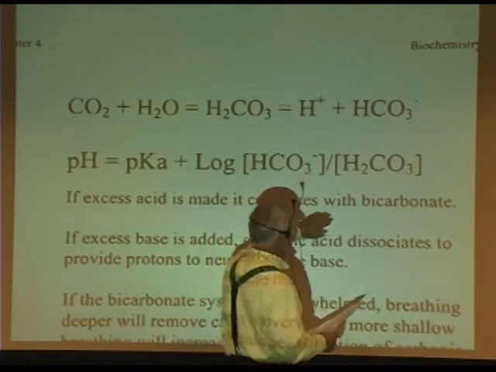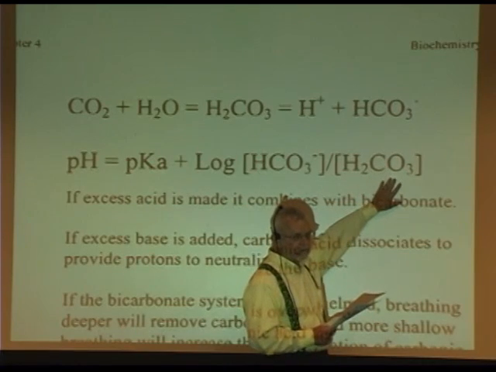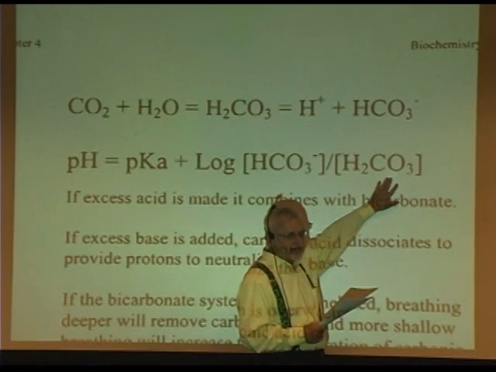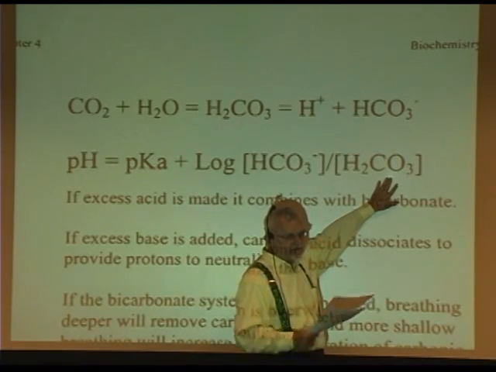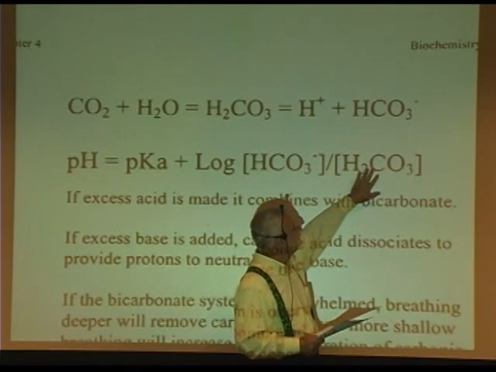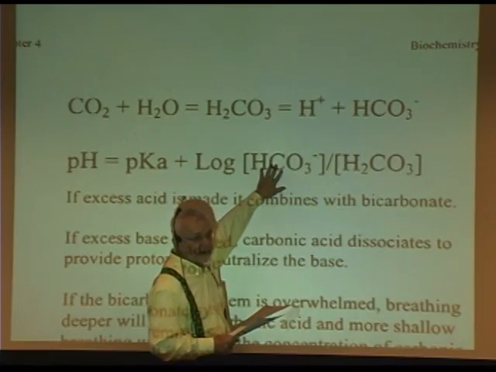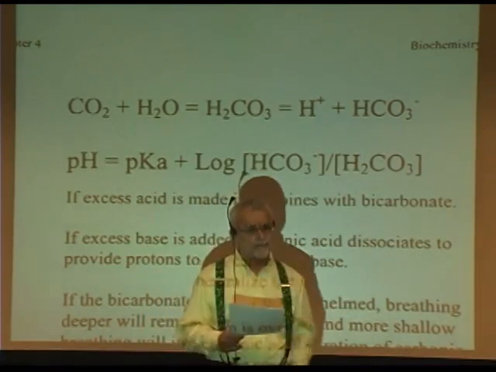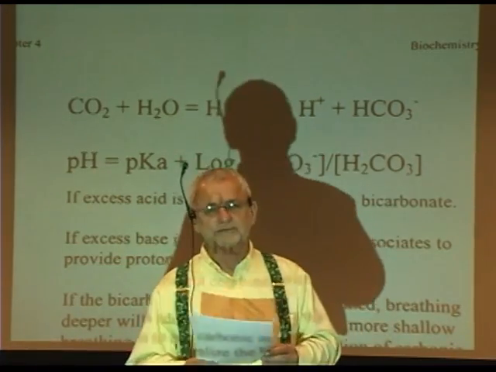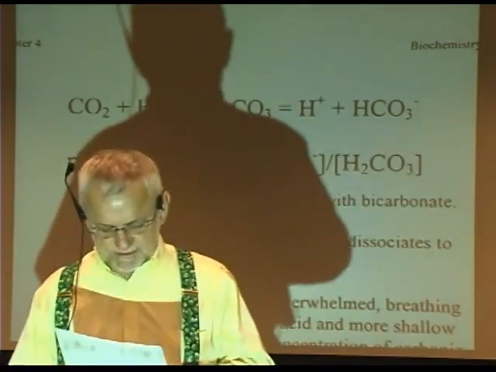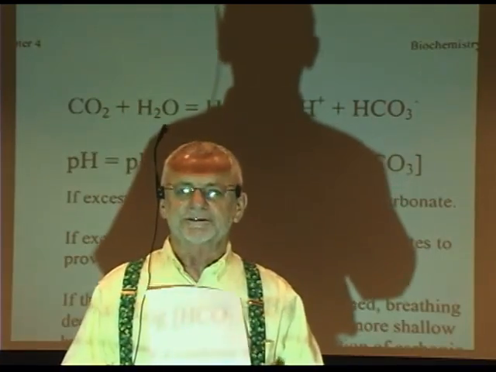Normal value for this in millimeters of mercury is 40, but you can't use that. You have to convert it to millimolar, and then it turns out to be 1.2 millimolar. The normal value for bicarbonate is 24. And I apologize for making that error. Send you out in the street with that, and you'd be a disaster.